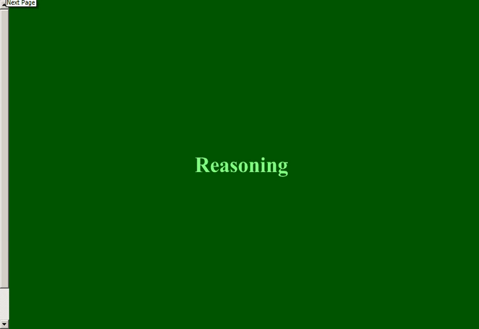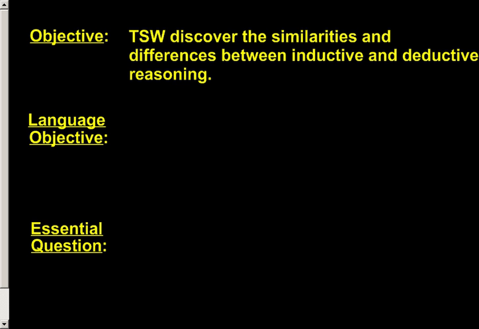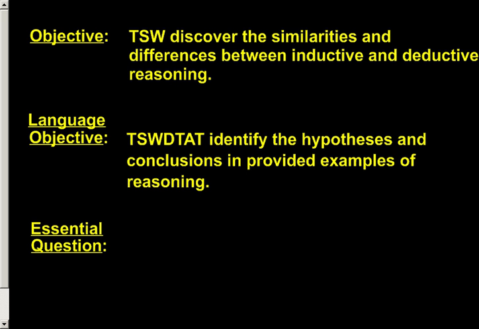Okay, today we're talking about reasoning, so copy down the title as well as our objective and our essential question. Our objective for the day was to discover the similarities and differences between inductive and deductive reasoning. Now, the way I'm going to help you get from point A to point Z on this is the student is eventually going to be able to demonstrate the ability to identify the hypotheses and conclusions in provided examples of reasoning.